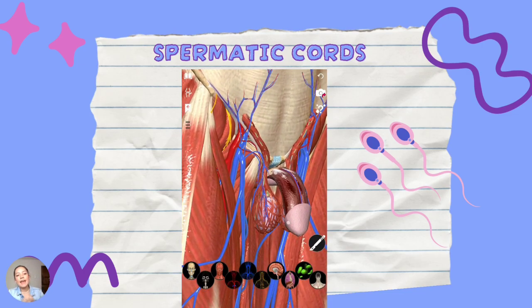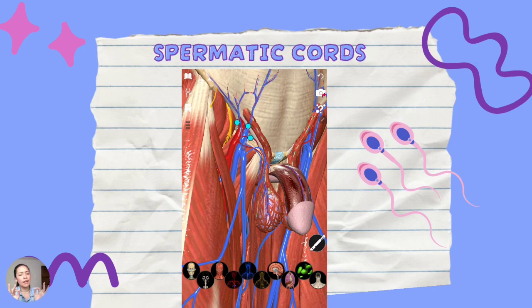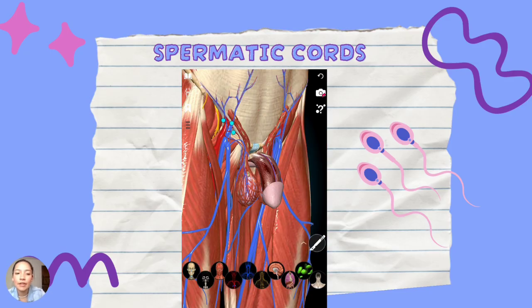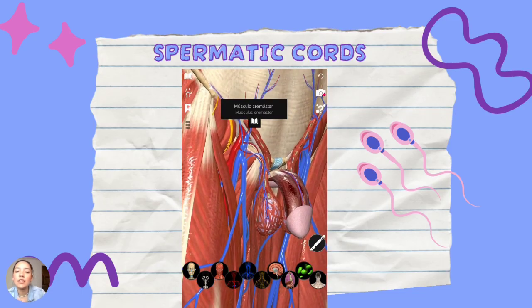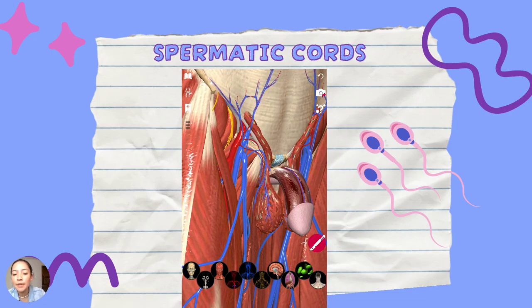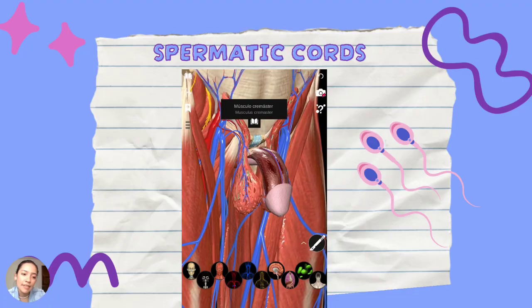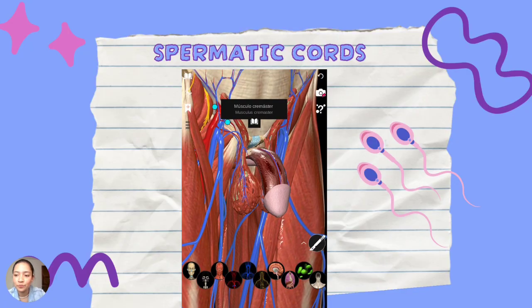Now we have the spermatic cord. The spermatic cord is formed as the testis descends from the abdomen into the scrotum during embryonic development, carrying the blood vessels, the ductus deferens, and also the layers of the abdominal wall. Its main components are the testicular artery, the pampiniform venous plexus, and, as we can see here, the ductus deferens.